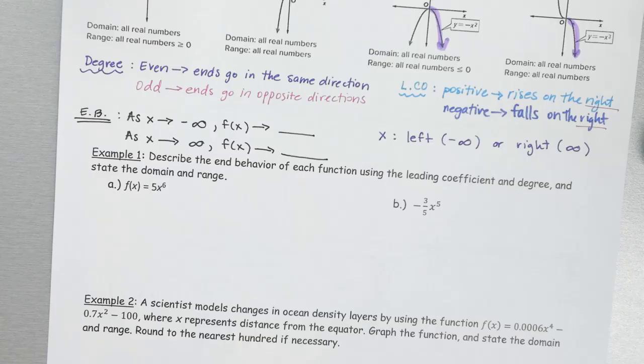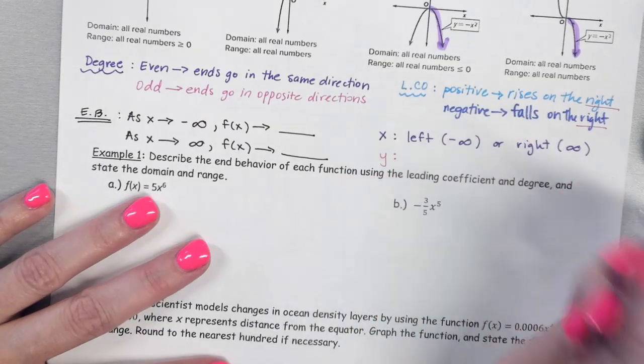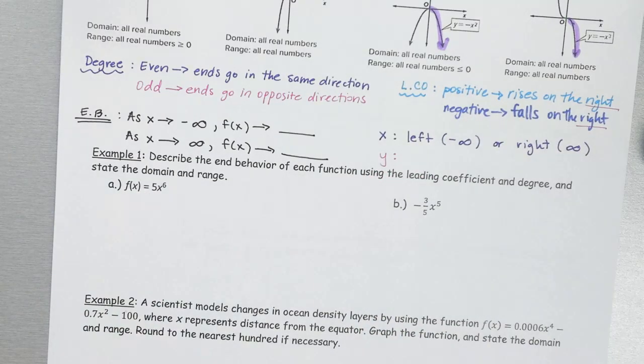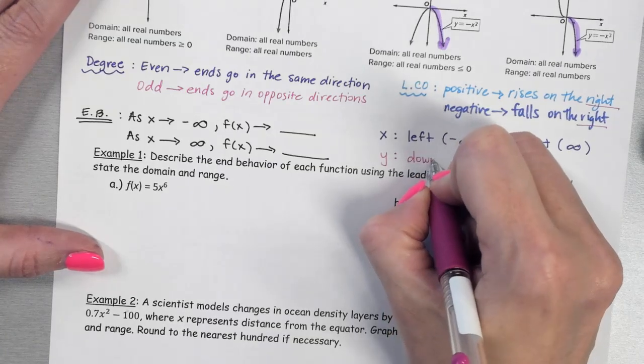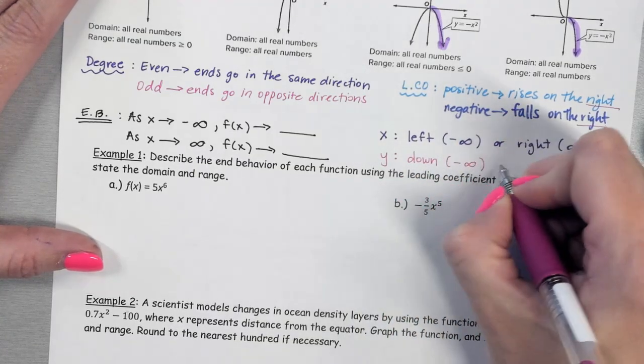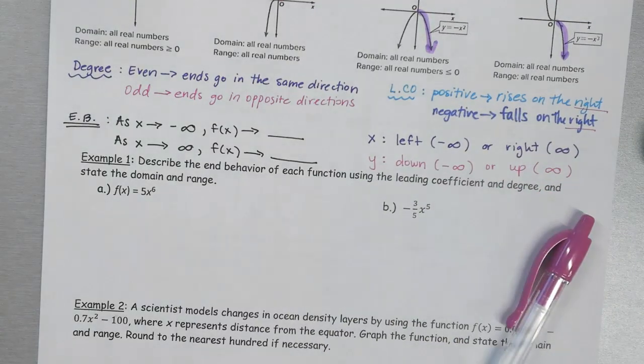Now for the y's, just like the y-axis is vertical, it goes up and down. The x-axis is horizontal, it goes left to right. The y is going to have a symbol for going down, which would be negative infinity, or up, which would be positive infinity. So depending on if you're using x or y, negative infinity can either mean left or it can mean down. Positive infinity means up or it means on the right.